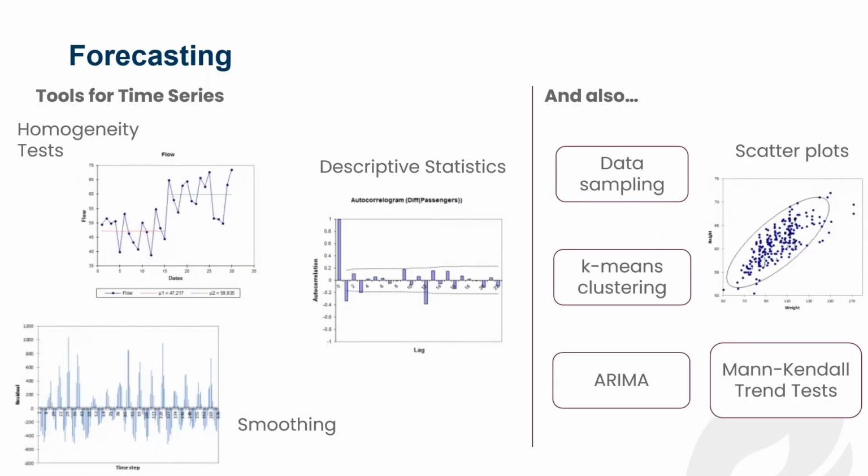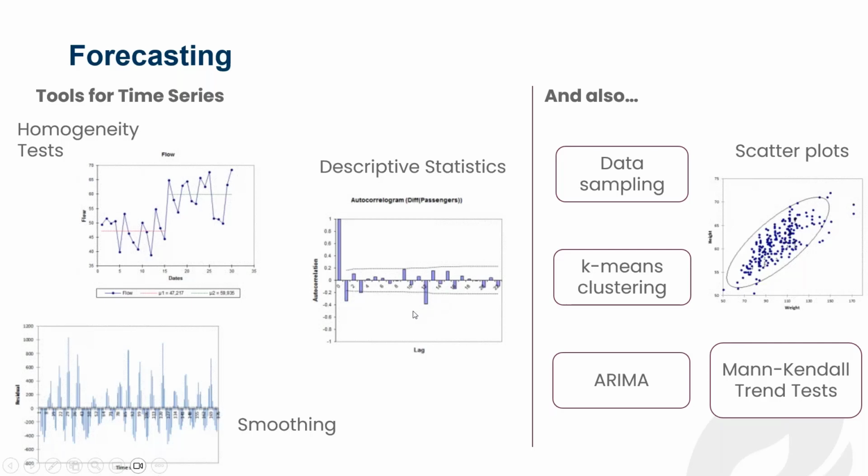We also have forecasting. The forecasting solution is a tool set for time series. So here you would be able to run homogeneity tests, descriptive statistics for time series specifically, so with autocorrelations, partial autocorrelations, things like these.